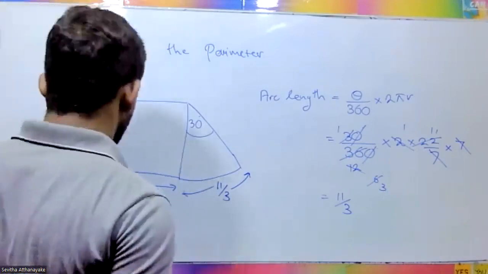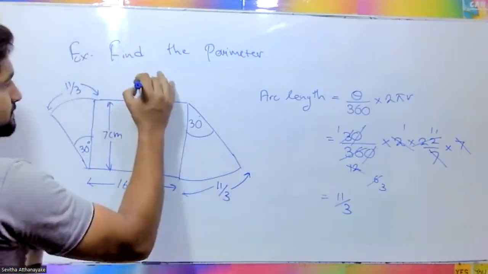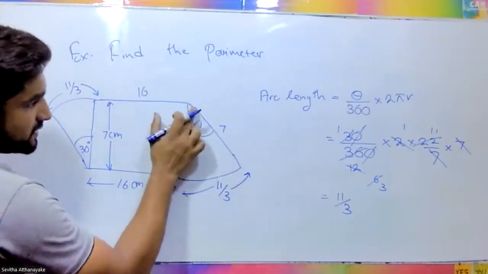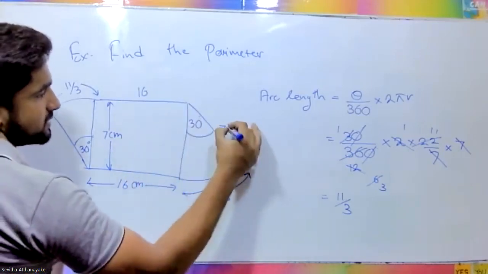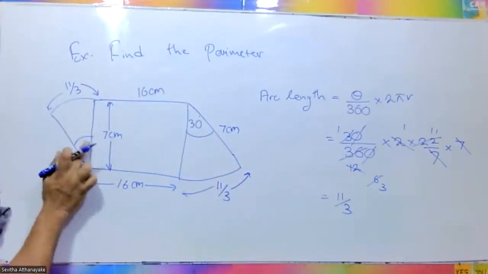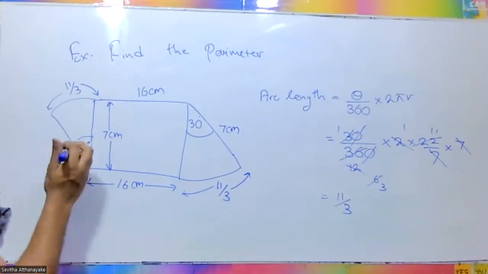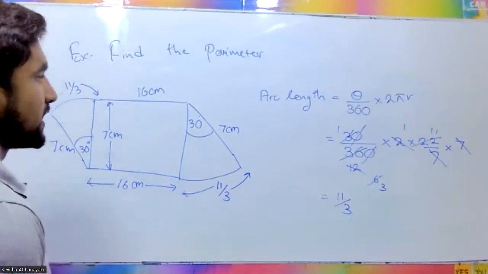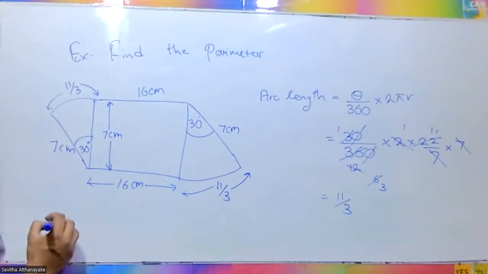Then here we have 16, here 7. The radius, this one also radius. Then it is 7 centimeters. This is the radius and this part should be the radius. Again, it is 7 centimeters. Okay, now try to get the perimeter.